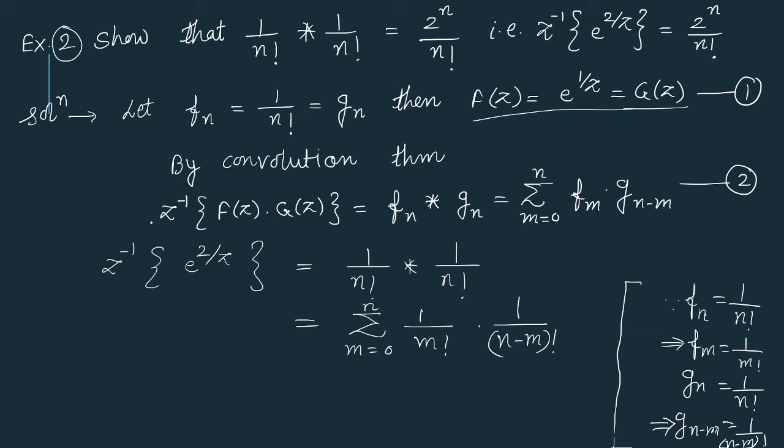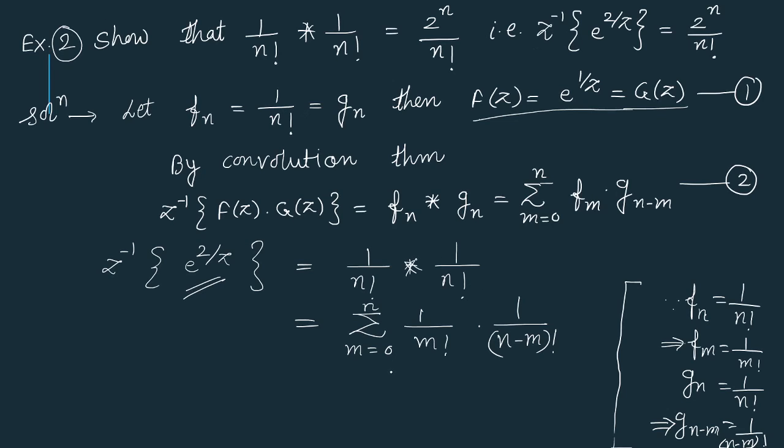Therefore, by using the convolution theorem, we write equation number 2. Therefore, z inverse of e to the power 1 by z into e to the power 1 by z, that means here f of z into g of z value is e to the power 2 by z, and its f of n convolution g of n value is 1 upon n factorial convolution operator 1 upon n factorial.